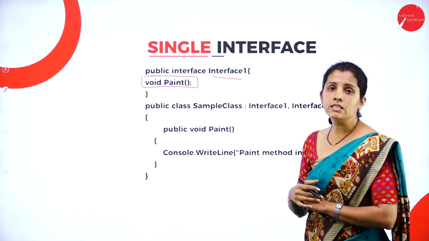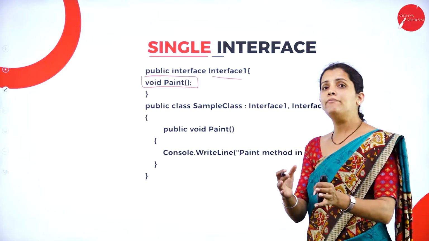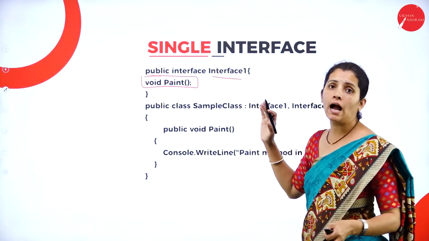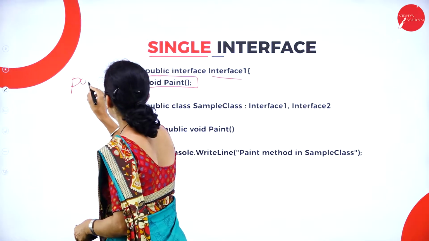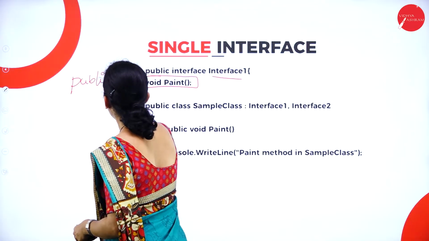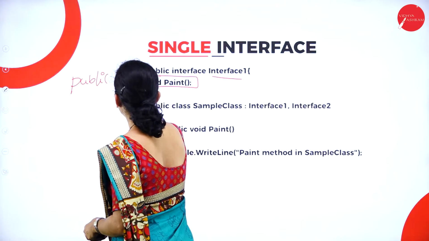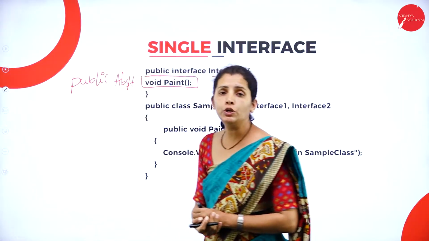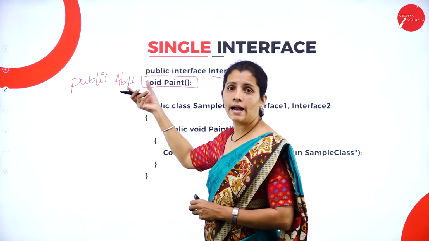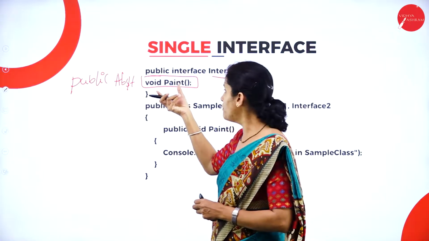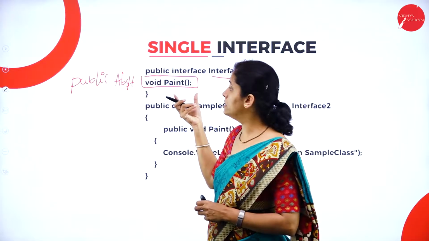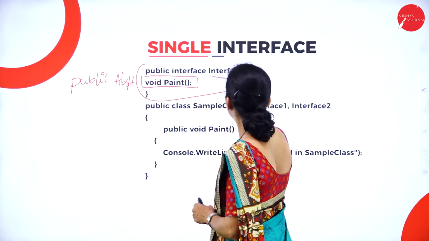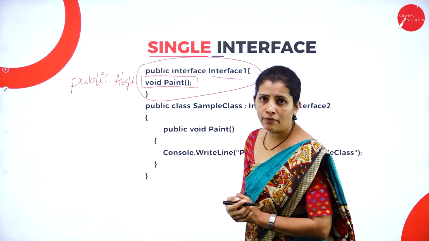If I consider C# programming, by default it is public and abstract. That means no need to write public and abstract. By default, this paint method is an abstract method, and I am going to close the interface.